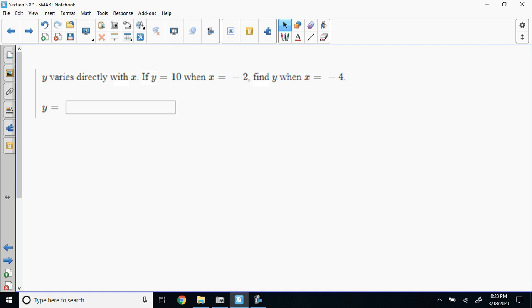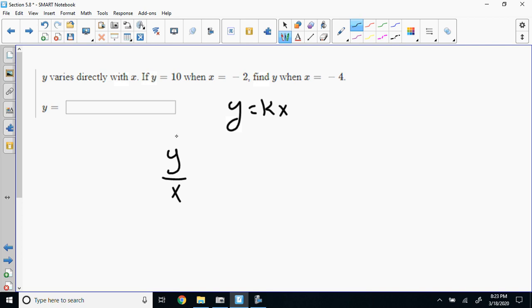And so I like to set these up as a nice little proportion. So it says y varies directly with x. So if you remember, here's the equation, right? Y equals kx, right? So if I were to solve for k like we did before, it would be y over x. That would be k, right? And if we set y over x equal to y over x, now we have a nice little proportion.